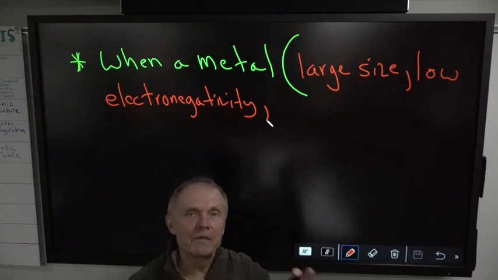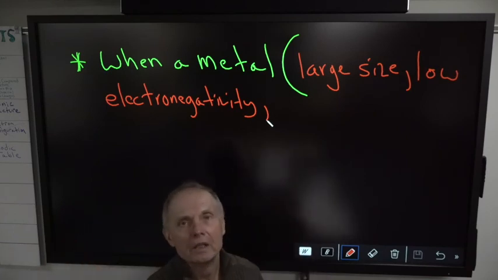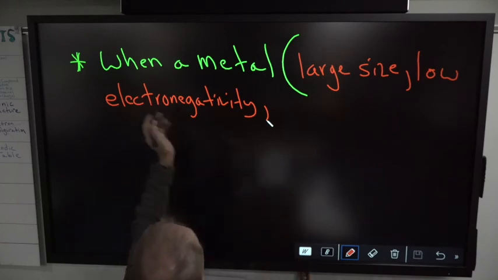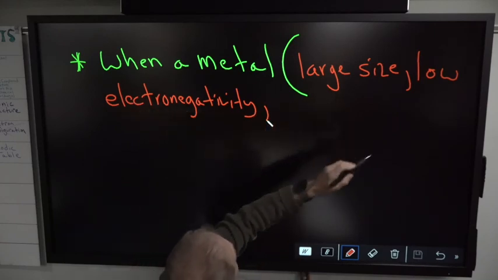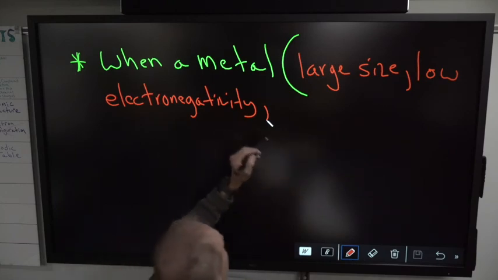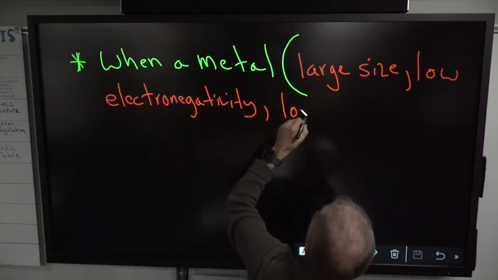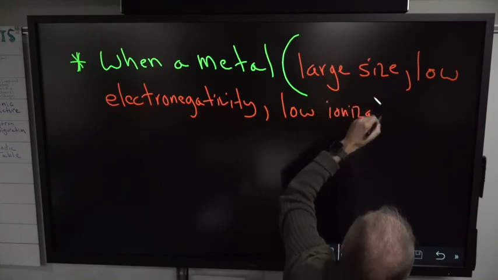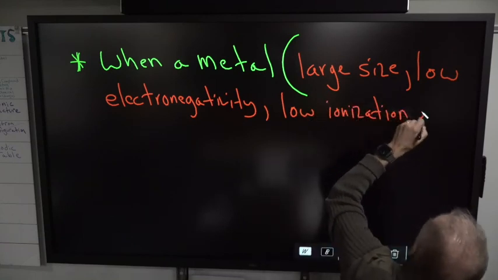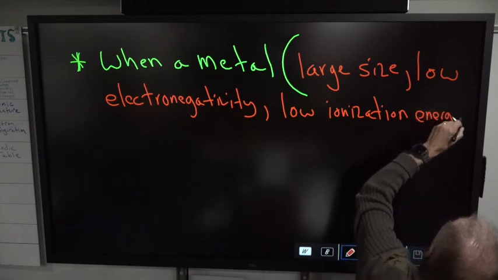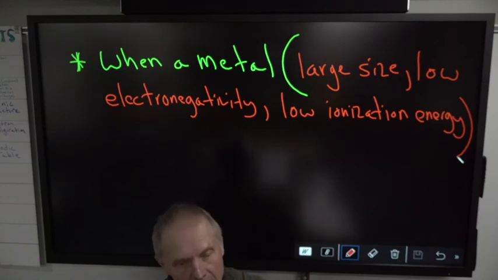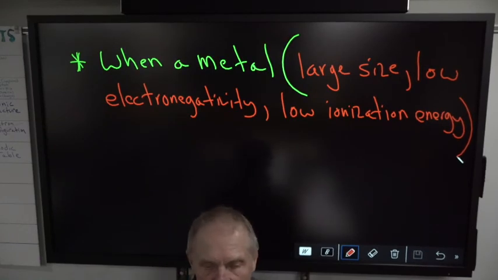And if their valence electron is way out there, it won't take much energy to rip out that electron, which is ionization energy. So, when a metal, which is big, has low ionization energy.